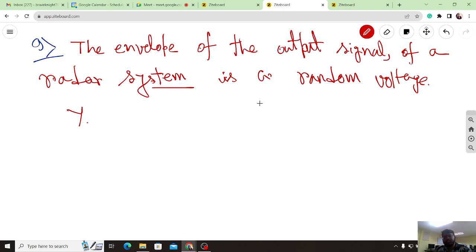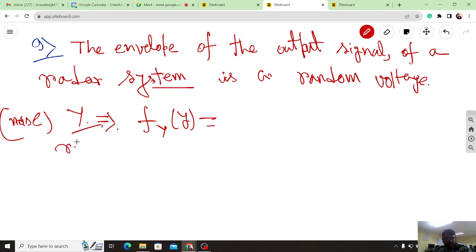This is random because there is presence of noise. So the distribution of the random variable y is given as y e to the power minus y square by 2.